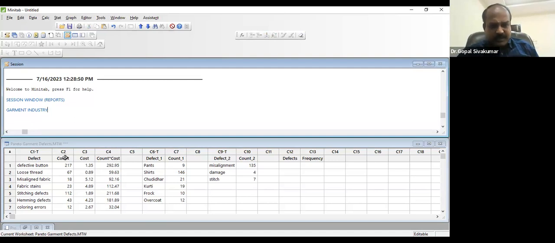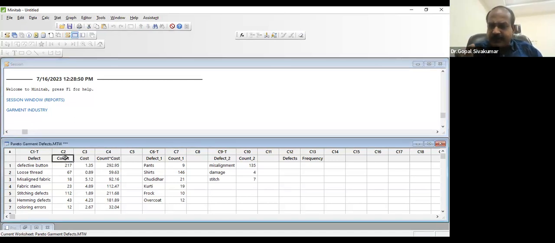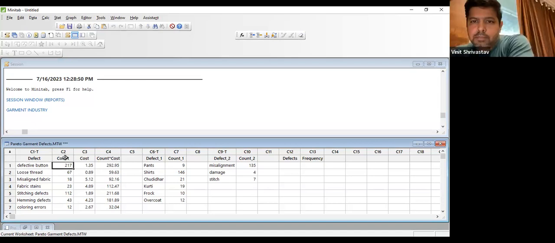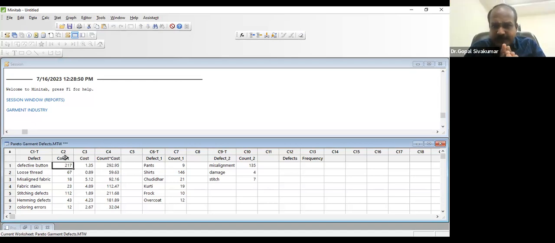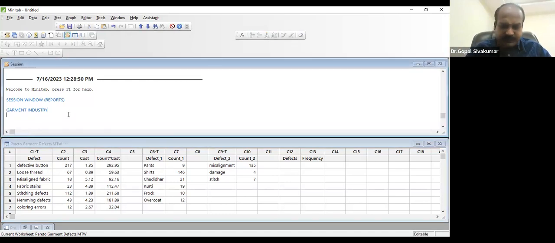And now count means the frequency of the problem, right? Count means the number of instances this problem has happened. See here, defective button happened 217 times. That means over a particular period of time. The duration of study is very important.